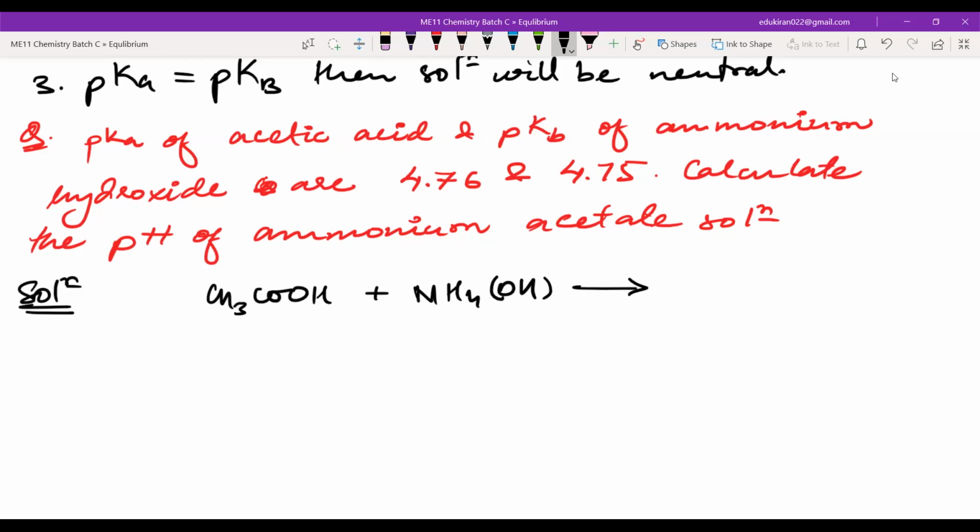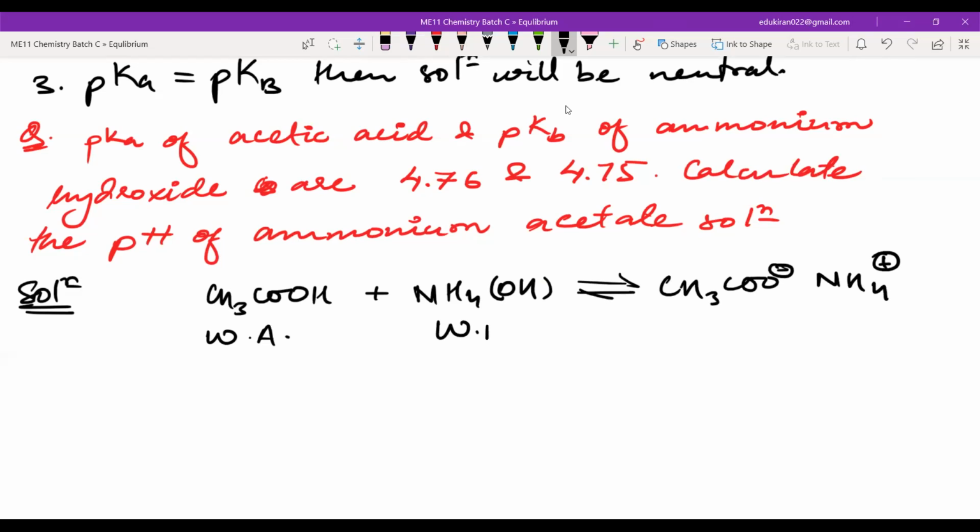It is going to give me CH3COO negative and NH4 positive. Now this is a weak acid, this is also a weak base, and hence we can write the pH.